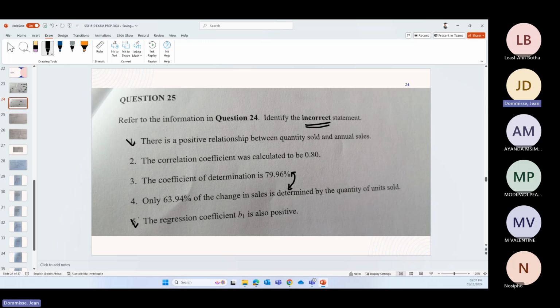We know that is correct. So what I would do again is look at it this way: if R is correct, then we can get a value of R squared. So let's test it. 0.8 to the power of 2, so 0.8 times 0.8. If we multiply that by 100, we get 64%.